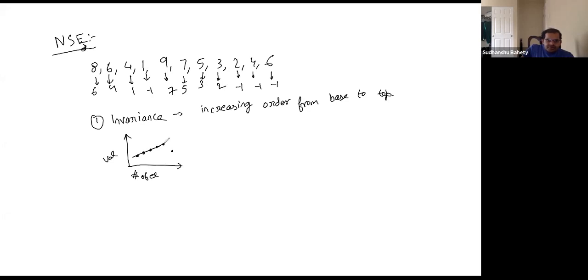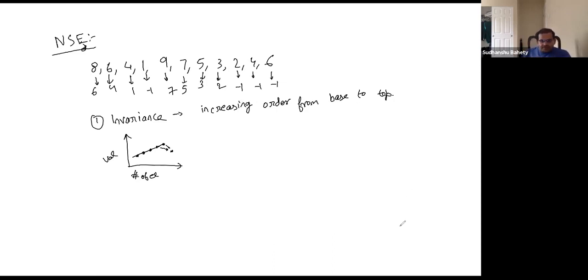So you know that the next small element for this is this one, and also for this one. So you remove these 2 values and you push this into the stack. The other invariant is the stack will always contain elements for which the next smaller element is to be determined. That's the other constraint that you have.